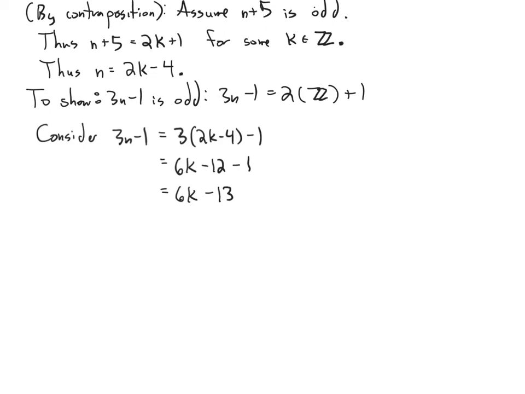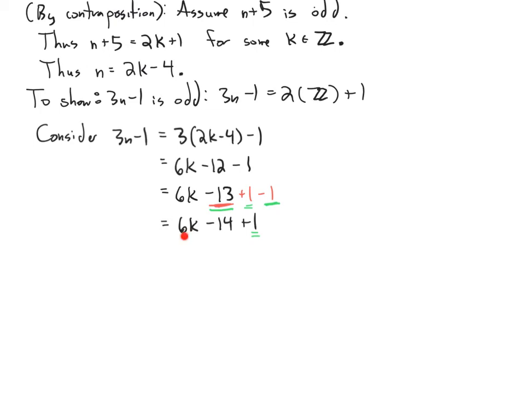So maybe what I'll do is add 1 and subtract 1, or you can think of it as just taking out a plus 1, so this would be minus 14. However you want to do that, this becomes 6k minus 14 plus 1. So that minus 14 is the minus 13 minus 1, and then here is our plus 1.